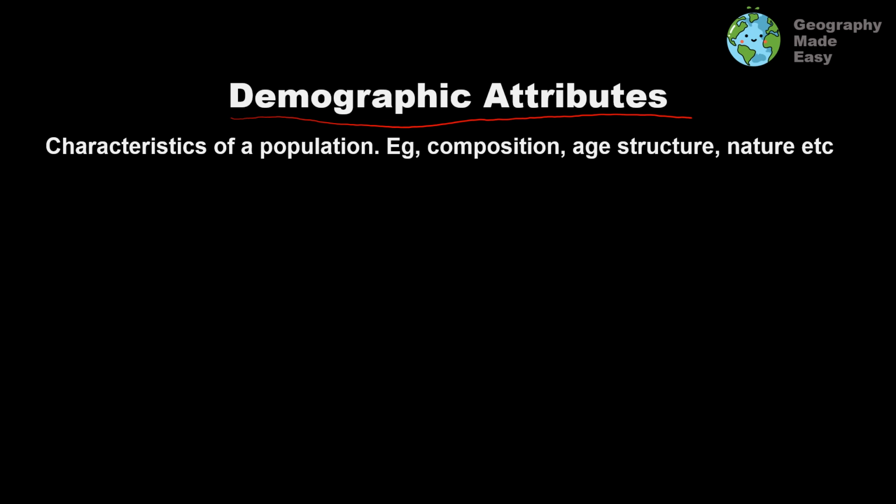So in this case, we take demographic attributes to be age structure, composition, that is male and female, and so on. Very interestingly, in composition, we don't just talk about male, female or rural, urban.